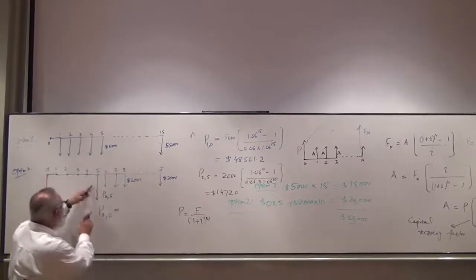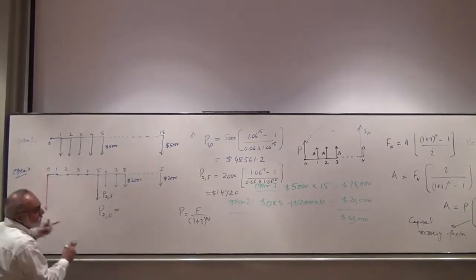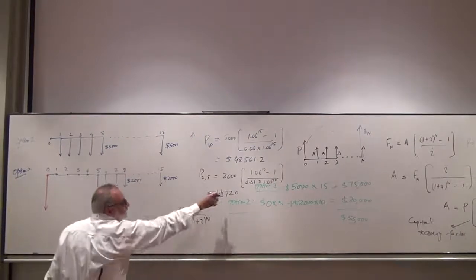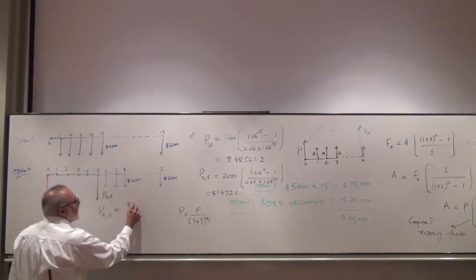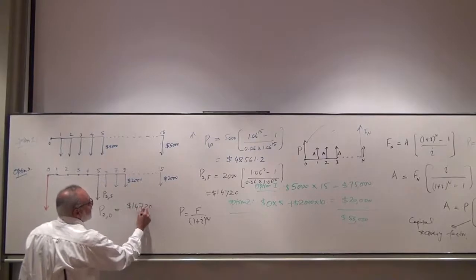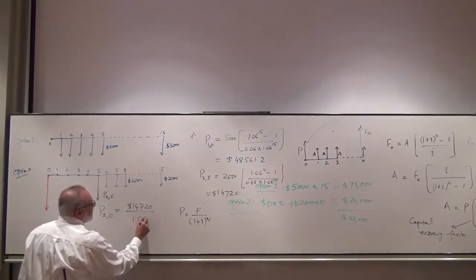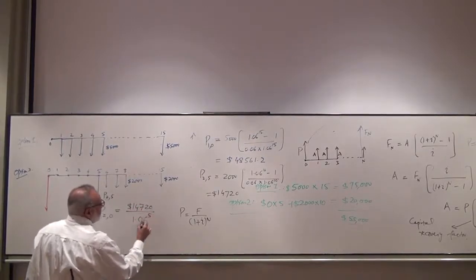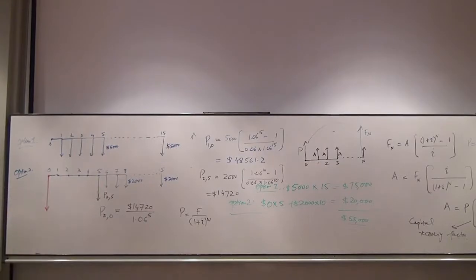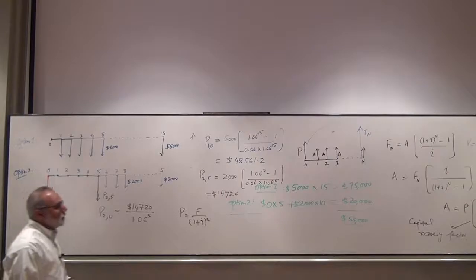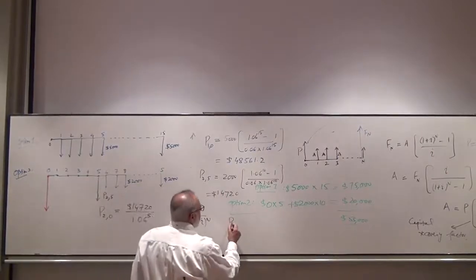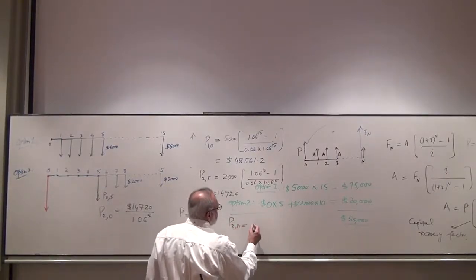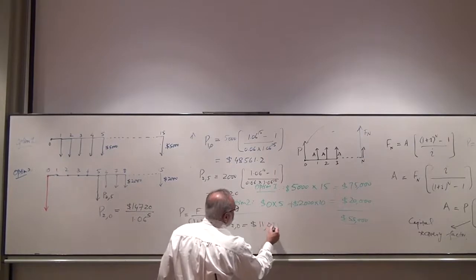This is a future value for this value. So our future value is now $14,720 over 1.06 raised to power 5. So bring this value back. Almost 11,000. So P20 is $11,000.